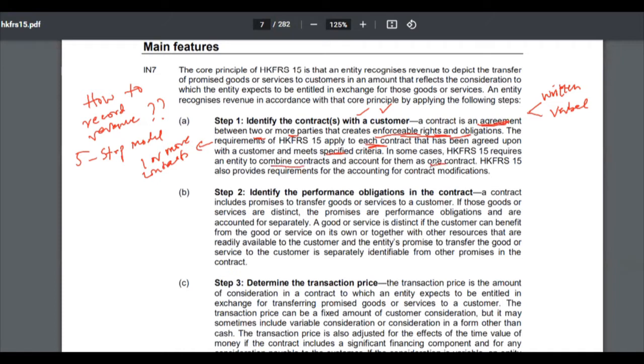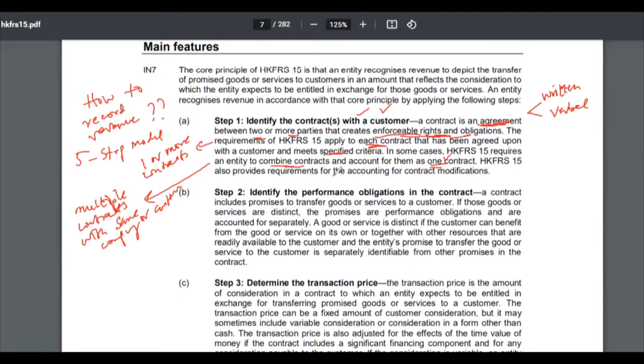So this is again possible, right? So companies can enter into multiple contracts with the same company or customer, right? So companies can actually combine them in one contract.